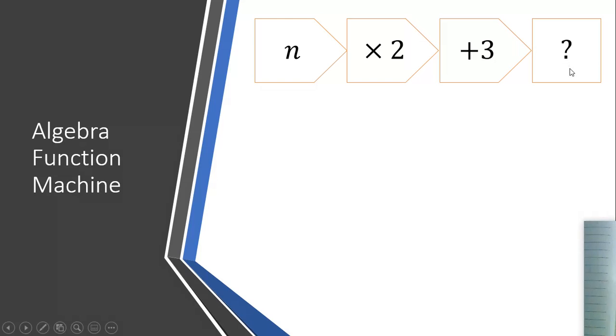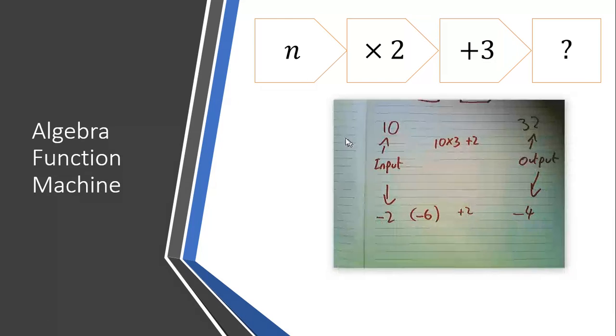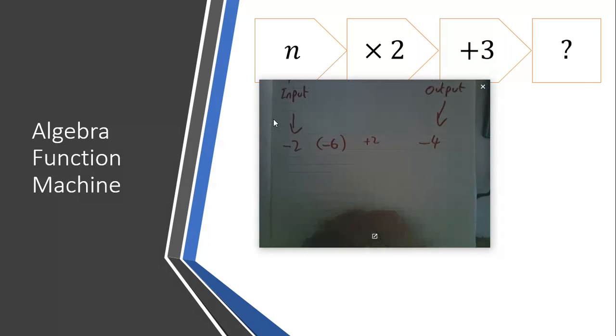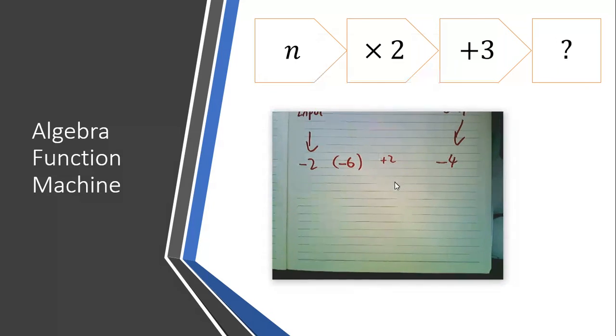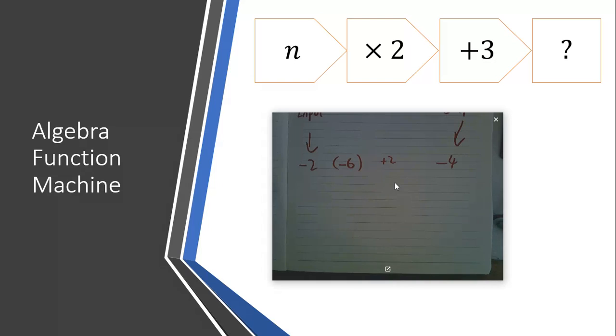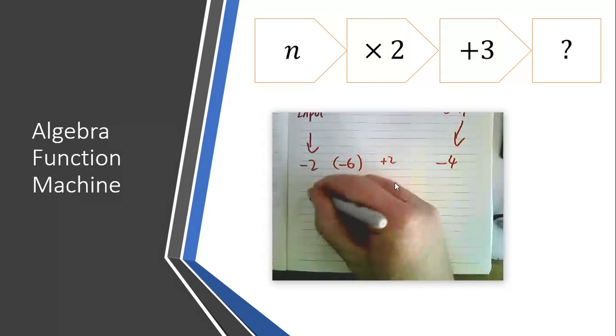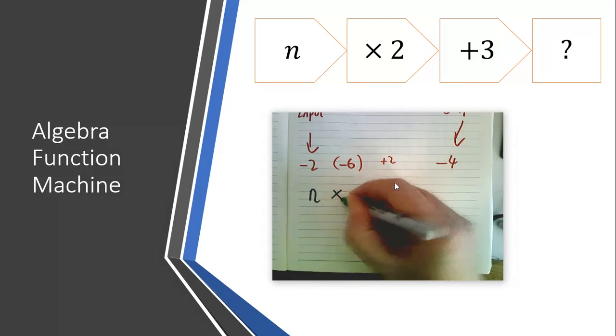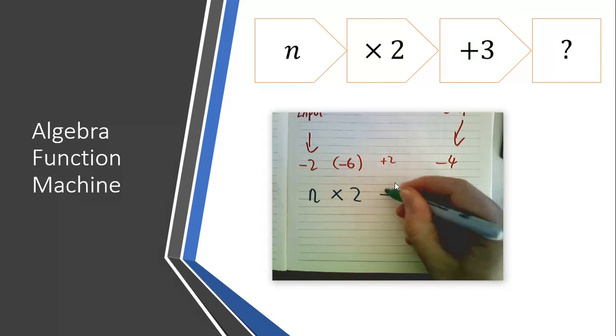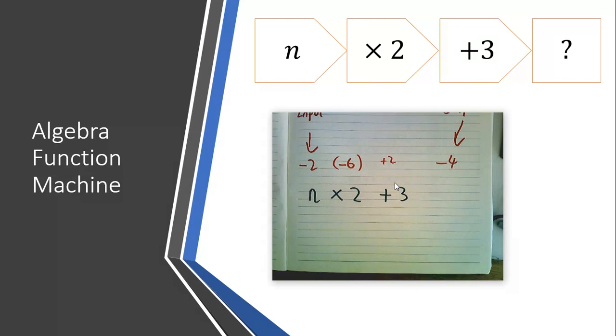Okay, so let's write out exactly what's happening to n. In this case, we start with n, we times it by 2, and then we add 3 to it. And I'm going to show you how to represent this.